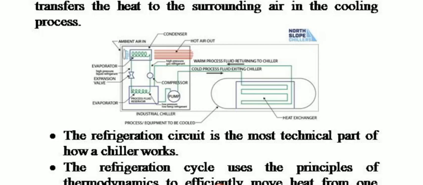As the refrigerant loses heat, it will begin to condense until all the gas has condensed into liquid. After leaving the condenser, the liquid goes through the expansion valve. The expansion valve restricts the flow of the refrigerant.